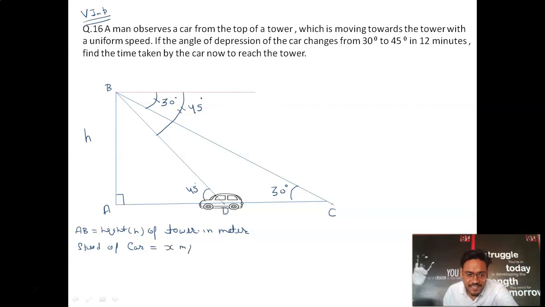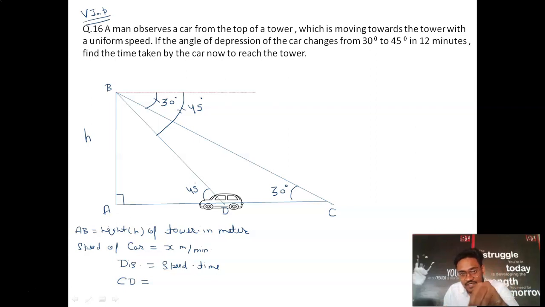Now students, do you know distance is always speed into time? If I use this formula for writing the distance CD, the car moved the distance CD in 12 minutes. The speed I assumed is x and the time given is 12.